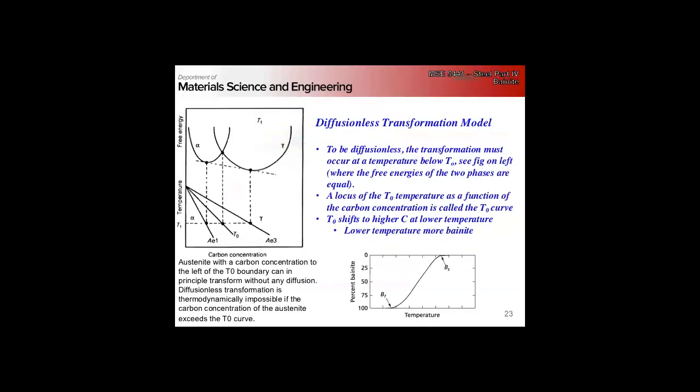The diffusionless model, what we want to see is, if we're not diffusing during the transformation, that means the carbon concentration is the same in both, right?